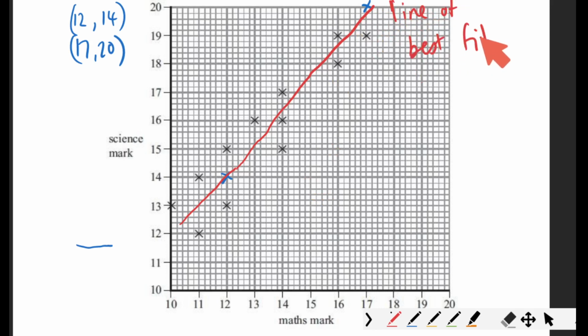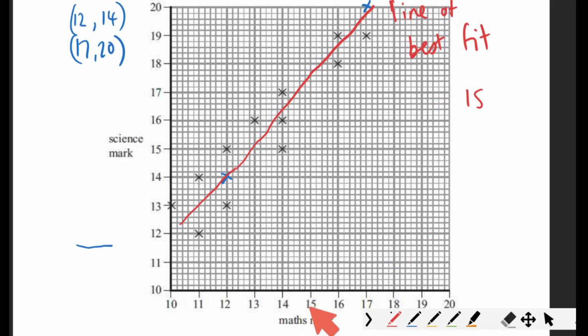Now it's really important that you draw a line of best fit. It's easy if you've got a see-through ruler, so you can see roughly how many crosses are on both sides. But remember, the maths score in that question was 15, and we're going to estimate the science score.